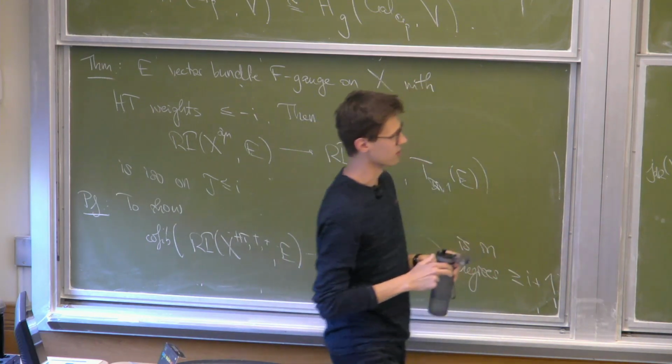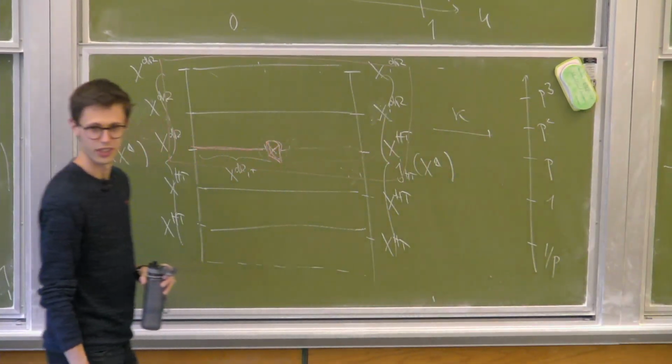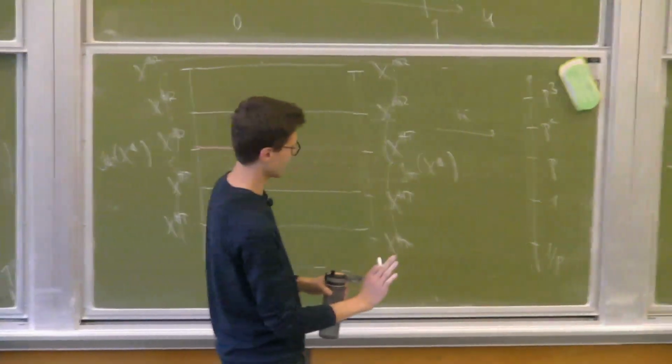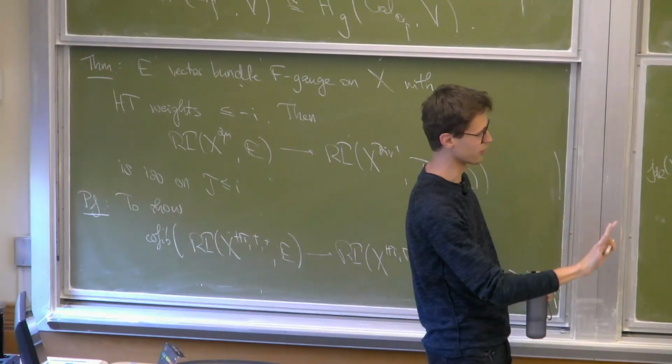No, I think the second thing just goes through if you replace also this with an appropriate integral version. Sorry, but X is still over Qp. Integral here means the coefficients, yeah. Just X is still over Qp.